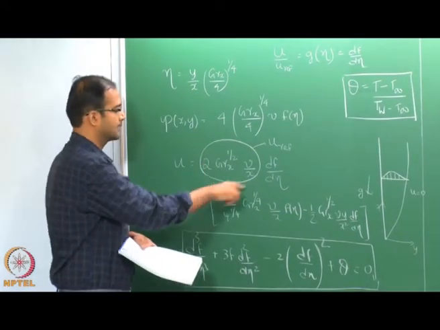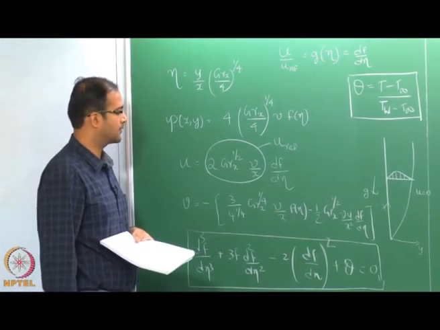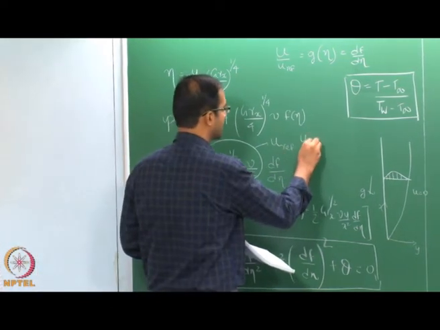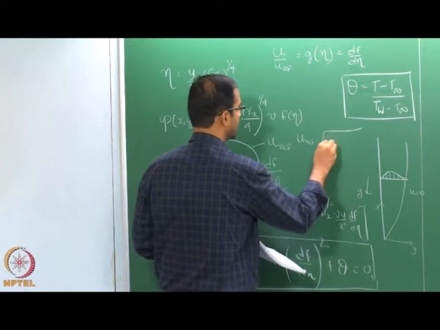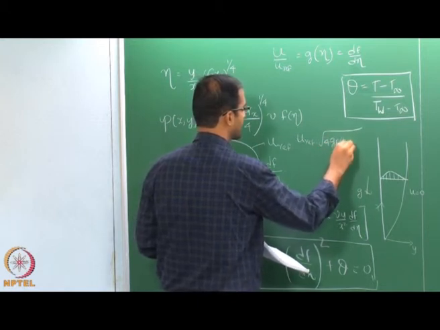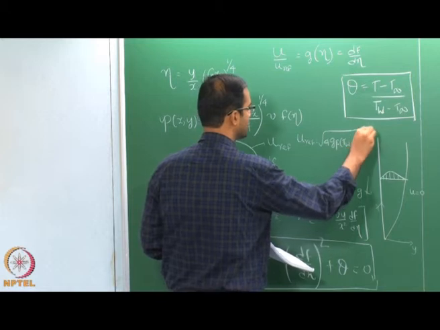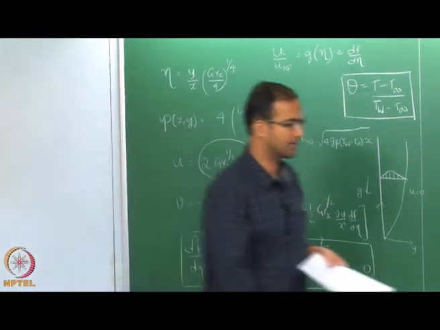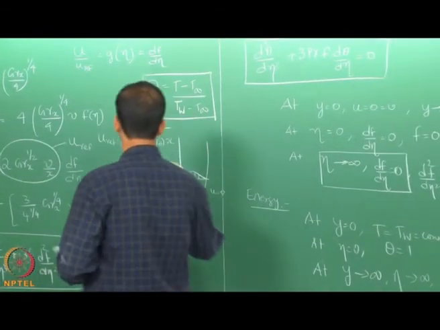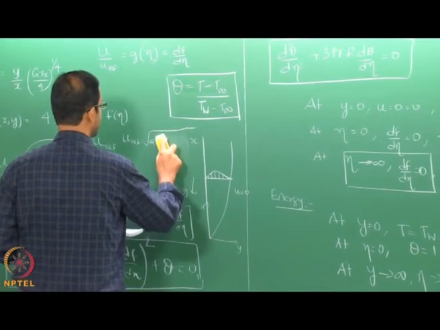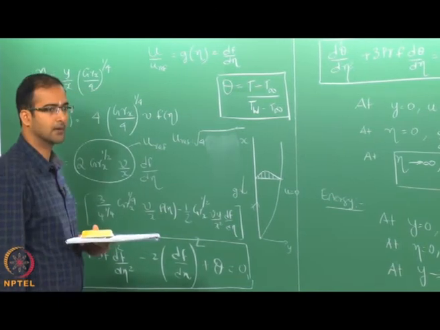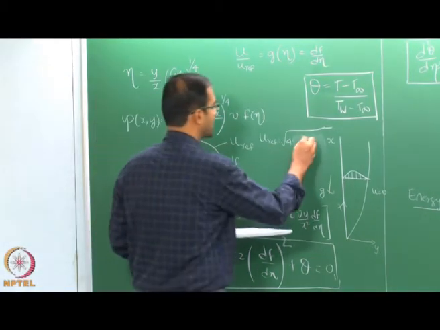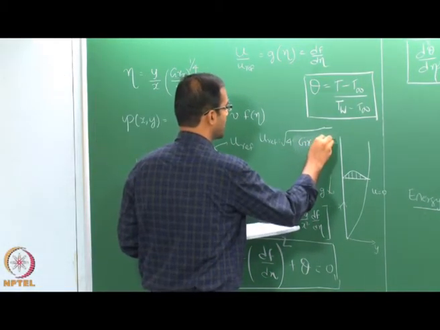So, this 2 times Grashof number to the power half nu by x should be equal to u reference. You can please check that. Our u reference definition is 4 times g beta into T wall minus T infinity into x. Okay. So, you can replace this with Grashof number. So, g beta into T wall minus T infinity, how do you rewrite this in terms of Grashof number? Grashof number into nu square by x cube.